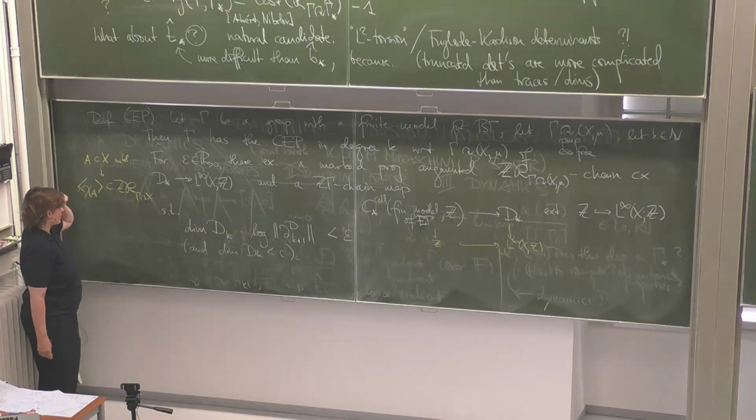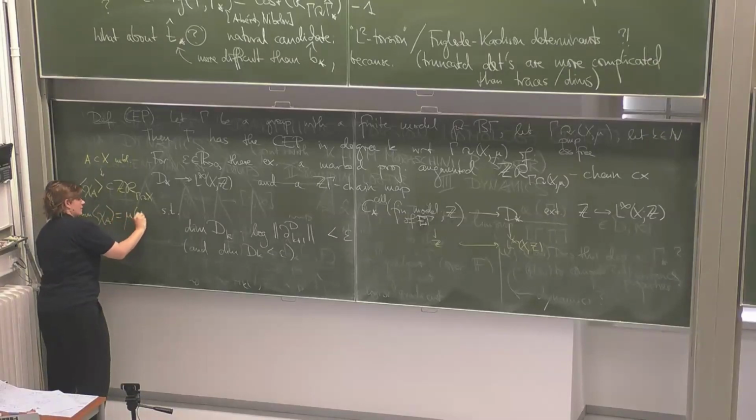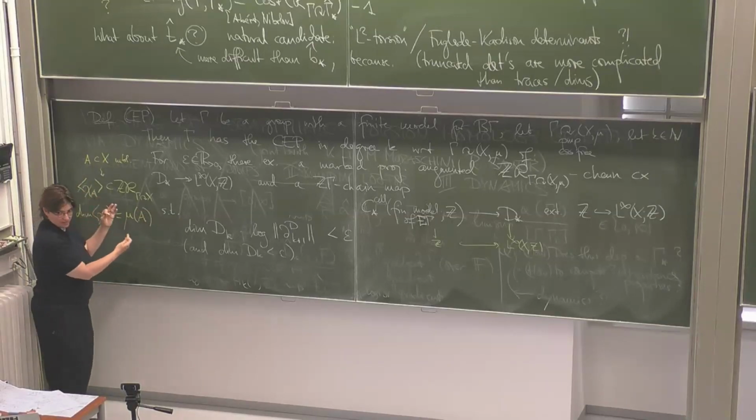So this is a projective module, and you can give this a reasonable notion of dimension. And of course, the dimension of this thing is just the measure of the set. In this way, you have more possibilities of finding small modules.